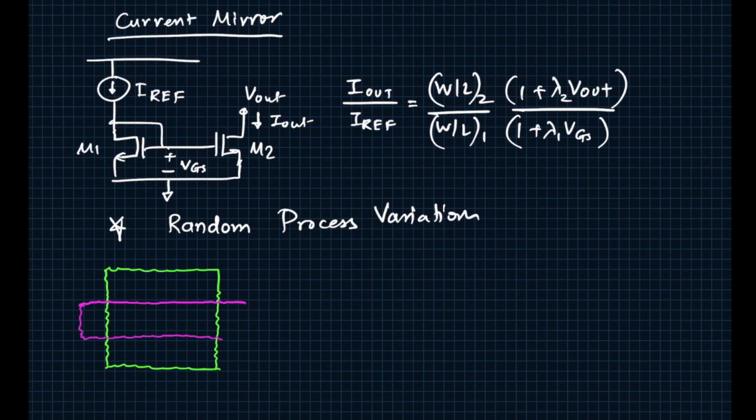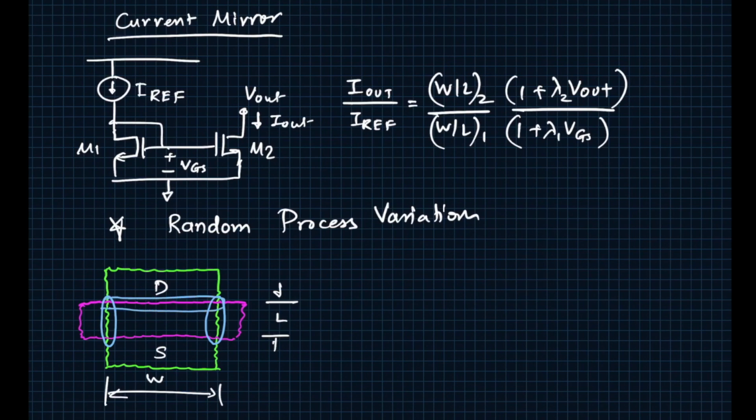I'm intentionally making it not look very good, and this is the drain, and this is the source. This is supposed to be our channel length L, and this is our channel width W. These are the edges which define the transistor: two edges define the width, and the other edges define your length, the distance between them.